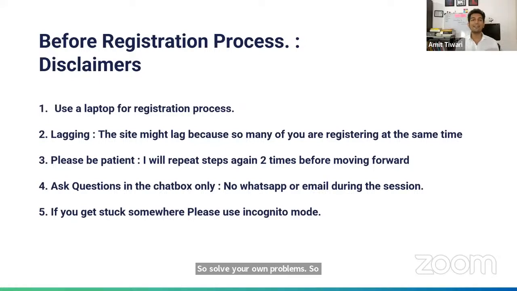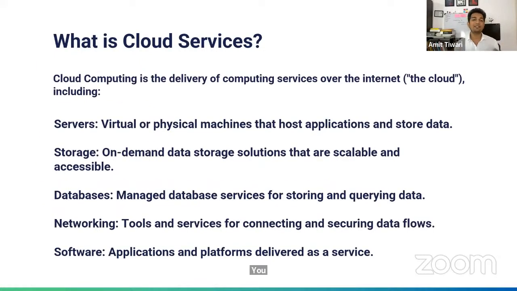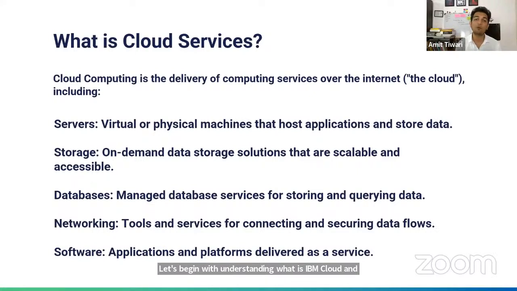So let's get ahead in registration of ourselves on IBM Cloud. Let's begin with understanding what is IBM Cloud and what are cloud services and why we need that. Remember, in my first masterclass, I was telling you that for AI services to be developed, we need to have three technologies with us.